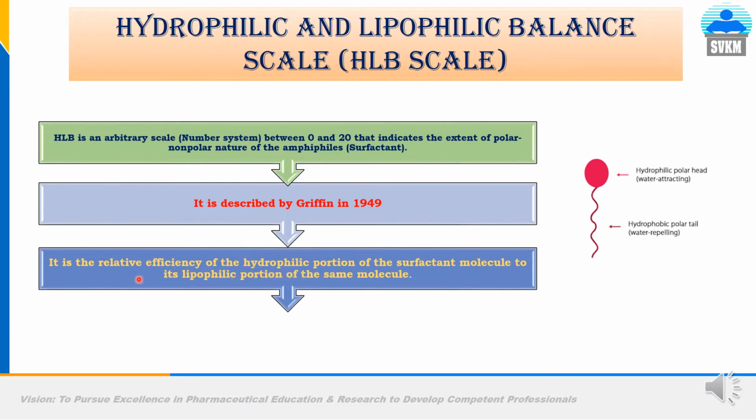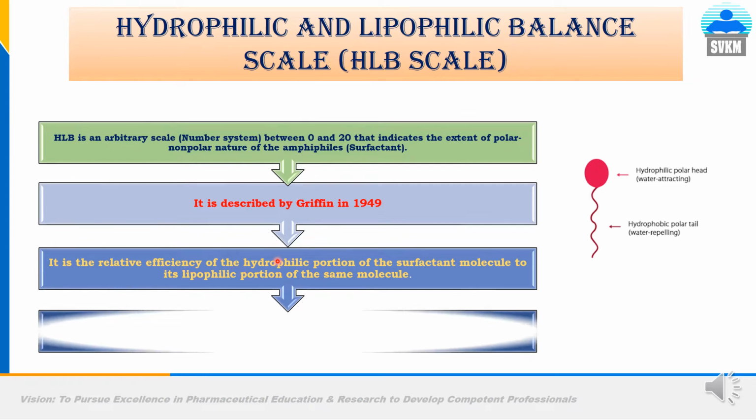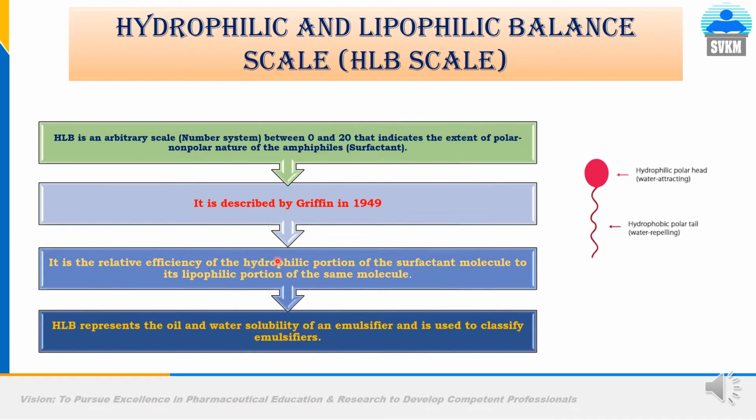It also gives a relative efficiency of the hydrophilic portion of the surfactant molecule to its lipophilic portion of the same molecule. It means that it tells whether your surfactant is hydrophilic in nature or lipophilic in nature. That idea is generally taken from this HLB scale.